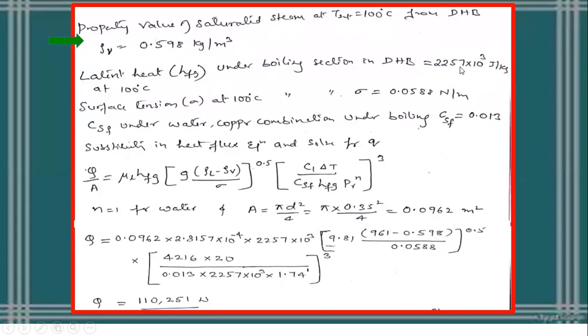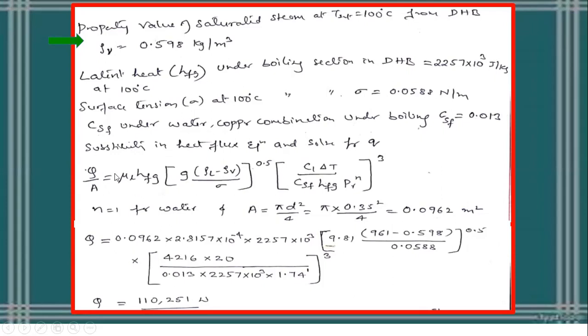It is always given as 2257 kilojoules, so please make sure to convert into joules per kg by multiplying by 10 power 3. Next, surface tension sigma, which at 100 degrees centigrade is 0.0588. C_sf, we saw again, is a constant for the water-copper combination, and the value is 0.013.